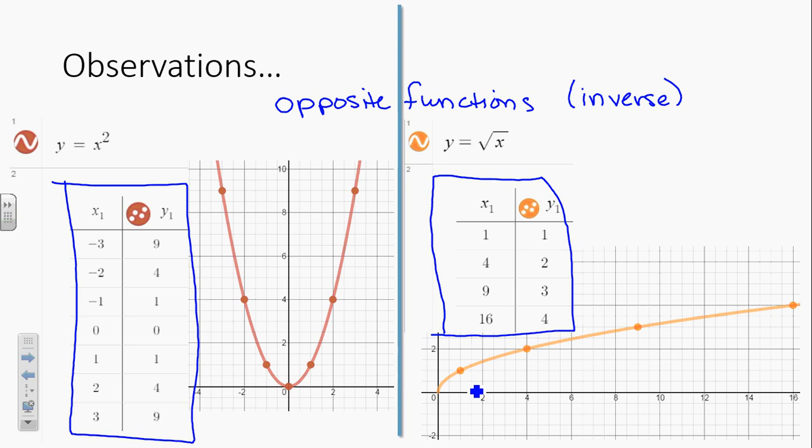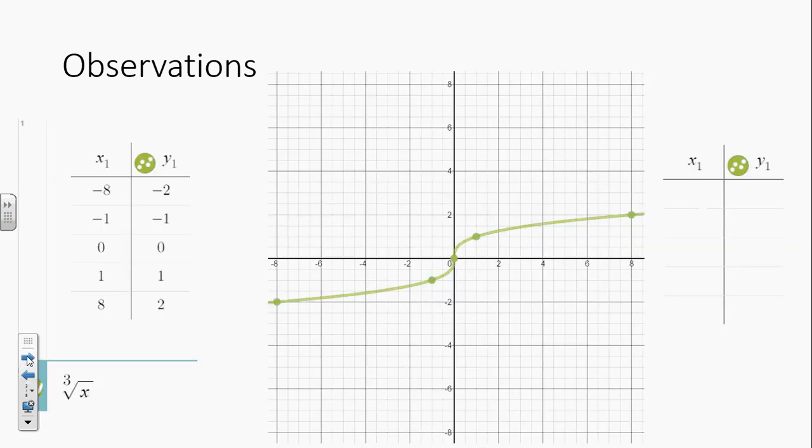It's just that it's flipped, isn't it? We see 0. If we took the square root of 0, we'd get 0. We see 1 and 1. We see 2, 4. What is it over here? 4, 2. We see 3, 9. What is it over here? 9, 3. If we put in 4 for this and squared 4, we'd get 16. What is it over here? 16, 4.